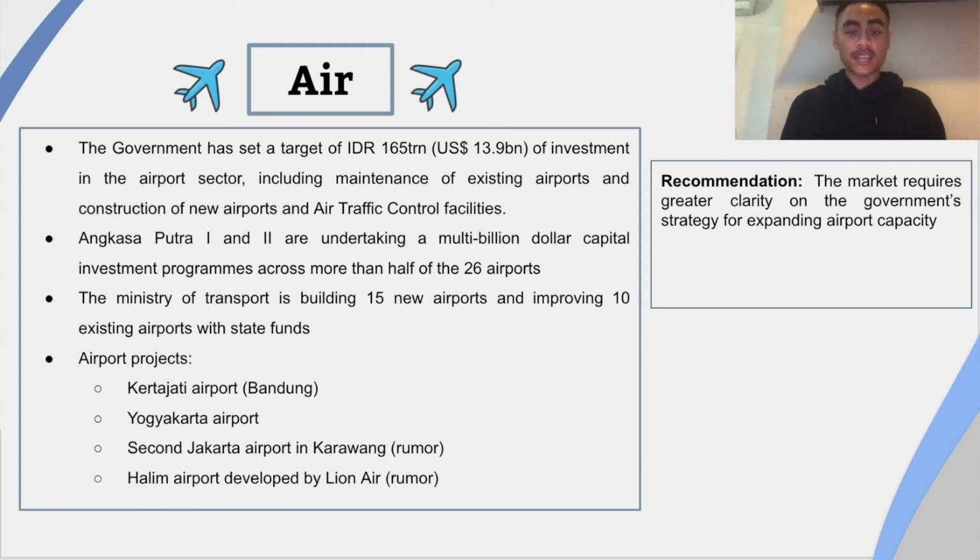The third is the second Jakarta Airport in Karawang, which is being rumored and is still being questioned, because a single international airport is actually already good for Jakarta, and it doesn't need a second airport. And fourth is the Halim Airport, developed by Lion Air, which is also being rumored.